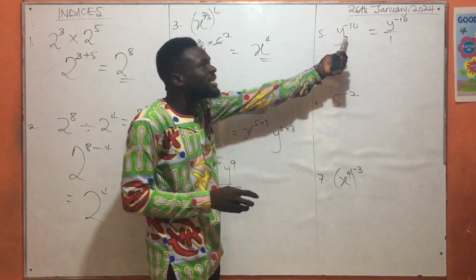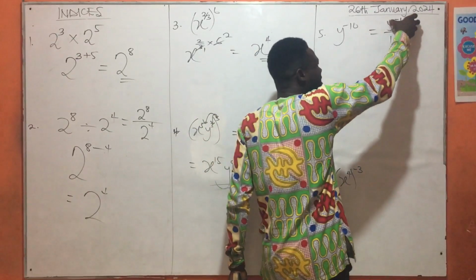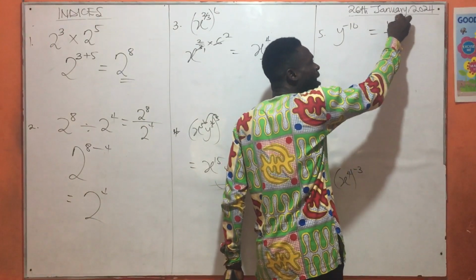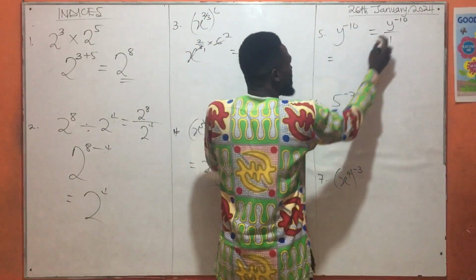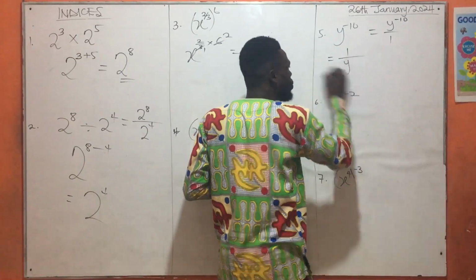So the law is saying that because the power is negative, just reciprocate this so that the negative power will be positive now. So the moment I reciprocate this, it is going to be 1 over y.